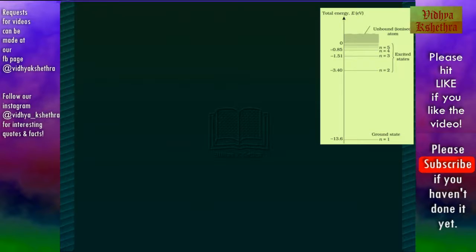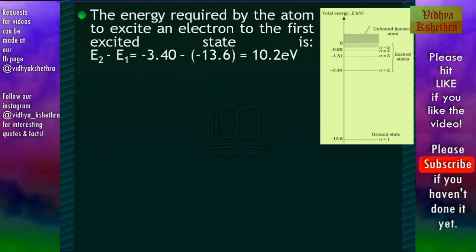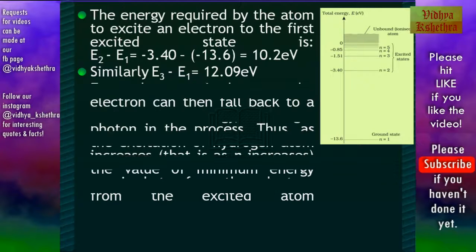In excited state, n is equal to 2, it is negative 3.40 electron volt, and for n is equal to 3, it is negative 1.51 electron volt. Now the energy required by the atom to excite an electron to the first excited state, that is n is equal to 2, E2 minus E1 is equal to 10.2 electron volt. Similarly, to n is equal to 3, it is given by 12.09 electron volt.